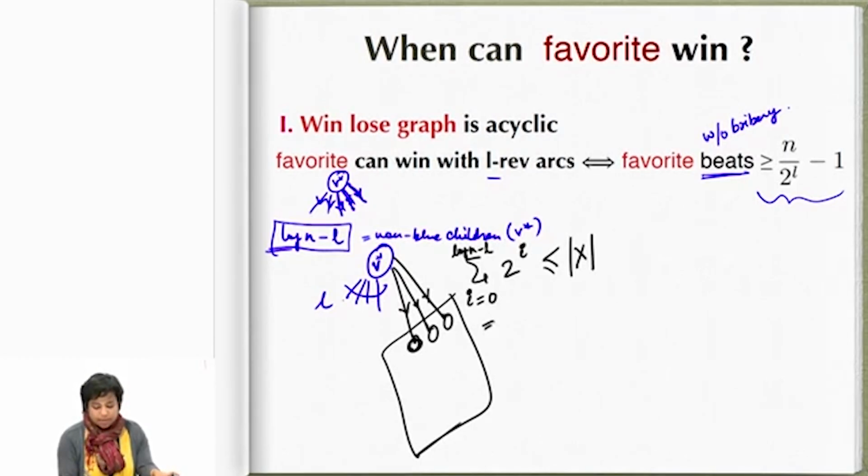So then what does this sum up to? Isn't this precisely this value?